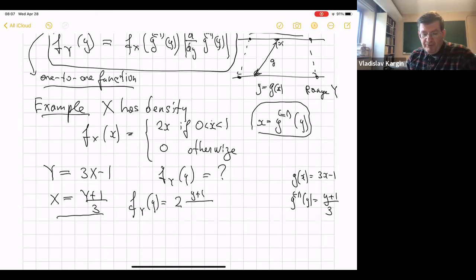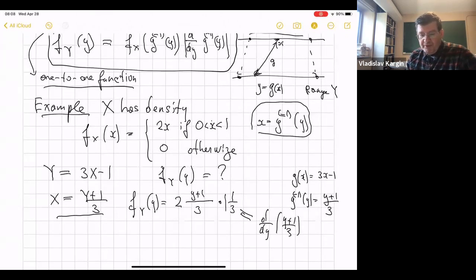So 2 times y plus 1 divided by 3. And the only thing that we also need is to multiply it by the derivative of this function. So multiply by the derivative of y plus 1 divided by 3, which is 1/3. So this is d over dy of y plus 1 divided by 3.